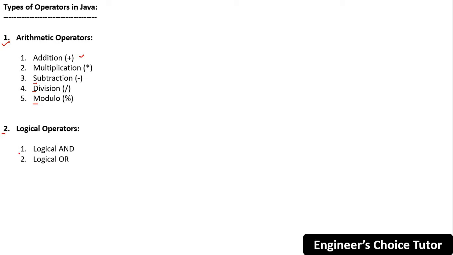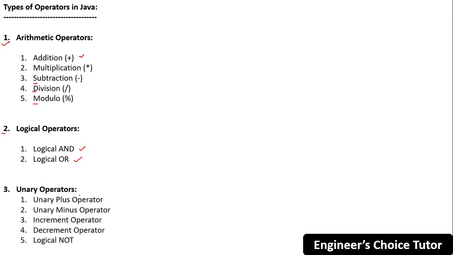In this we have two types, logical and and logical or. Then the next is the unary operator. What do you mean by unary operator? We will cover this also. Basically, in this case the number of operands is one only. That is the reason I am calling them unary operators. The first one is the unary plus operator, then the unary minus operator, increment operator, decrement operator, and logical not. So we will cover this.